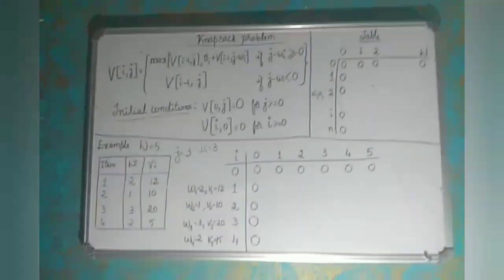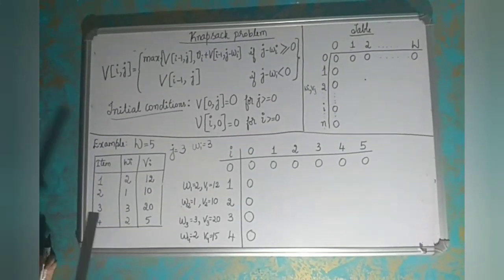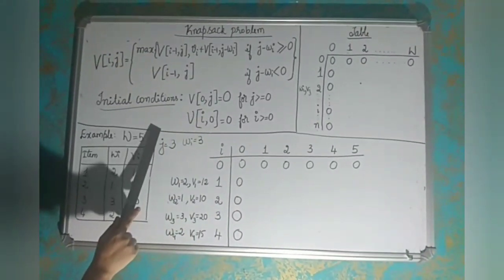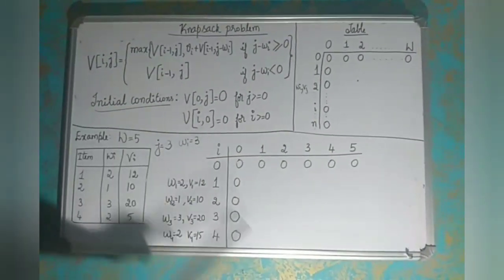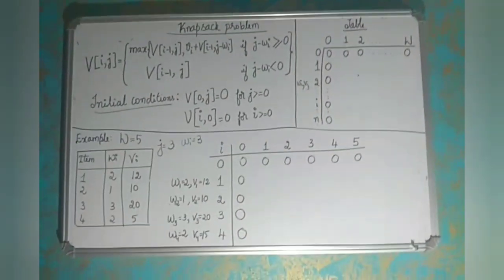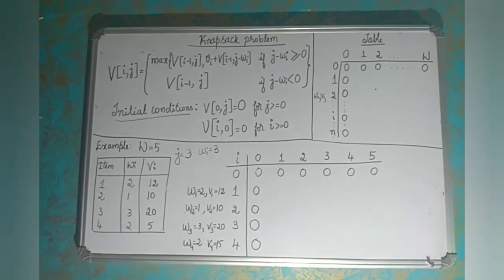Next we'll look at the example. We'll go to the actual example, build the table using this recurrence relation, and see how to get the final solution. One more thing: where will the final solution be? We are interested in only one value.